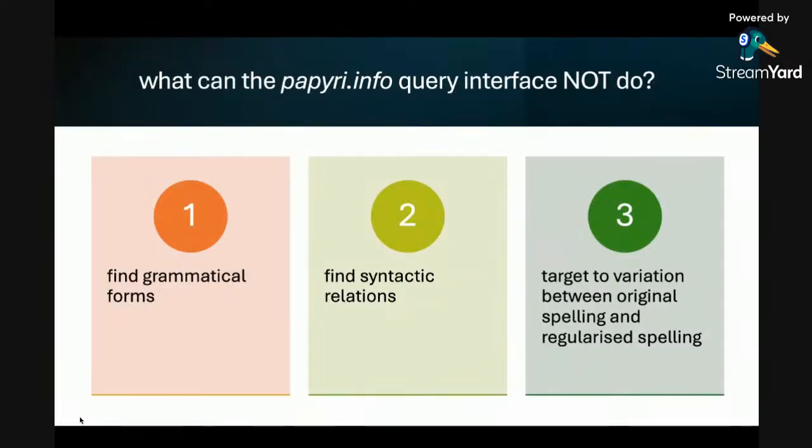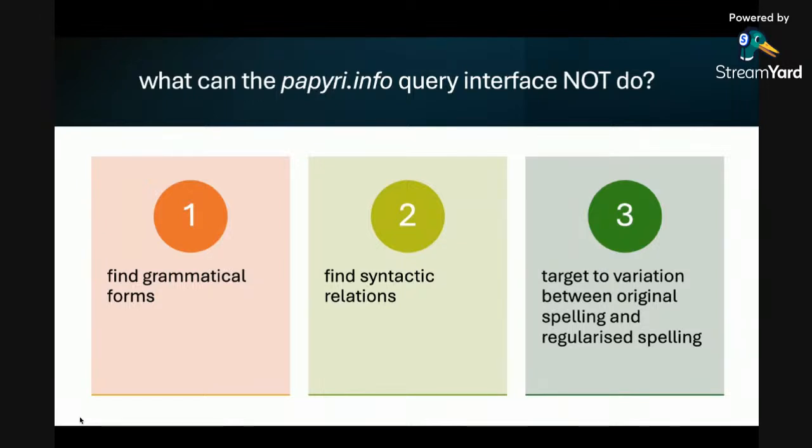But what can the papyri.info query interface not do? It cannot really find grammatical forms. If I just wanted to look at passive participle forms, I cannot find them as such from papyri.info, or find syntactic relations.